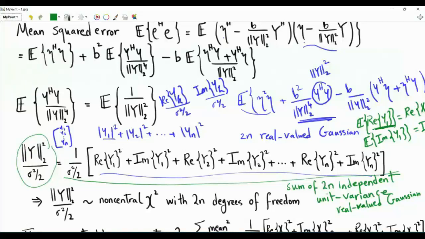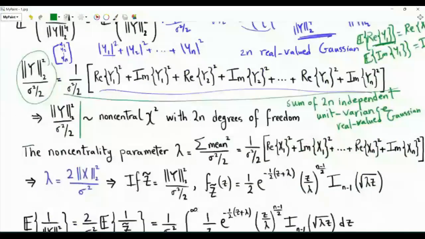It's non-central because the variables are not zero mean, but otherwise they are independent and have a variance of unity each after doing this scaling. So we have a non-central chi-square. How many real valued Gaussian random variables do we have? We have 2n of them. So this quantity is a non-central chi-squared random variable with 2n degrees of freedom. But then there is a non-centrality parameter, which is the sum of the squares of the means.